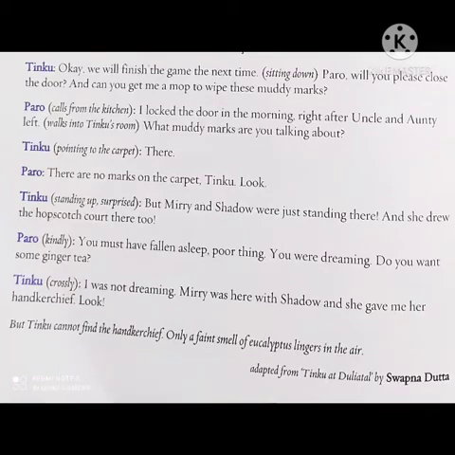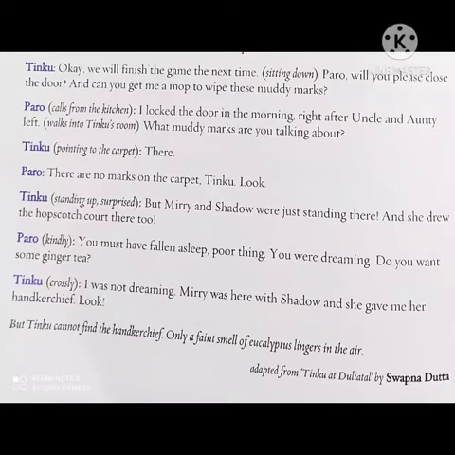Now, what happened as soon as Miri vanished? Miri went with her dog. What happened? Tinku said, "Okay, we will finish the game the next time when you come home." And suddenly Tinku calls Paro to come and get her a mop. Why did she need the mop?